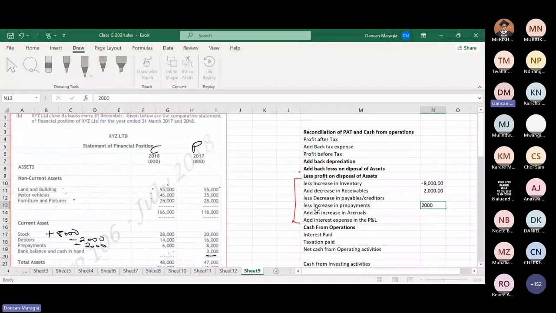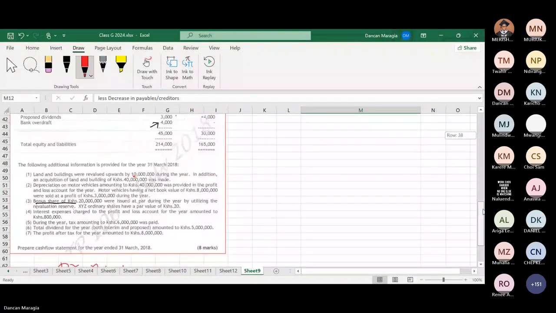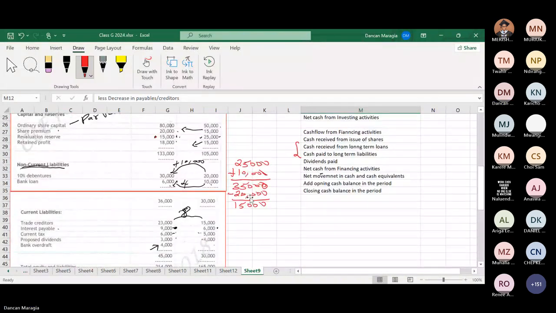We go to payables or creditors. Trade creditors last year was how much? 15, this year 23, so it increased by 8.